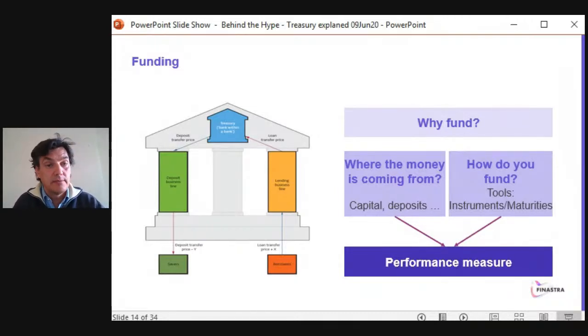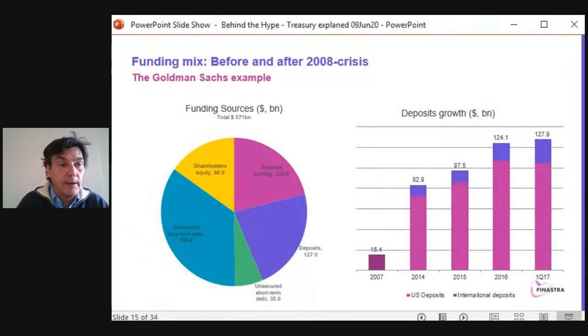Now, I said the money to fund yourself, where is it coming from? Your capital, the deposits, and the instruments that I just talked about. Just to give you an example of how it can evolve over time, this is the funding mix of Goldman Sachs before and after the 2008 crisis.